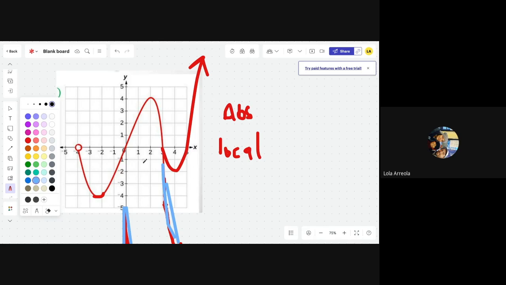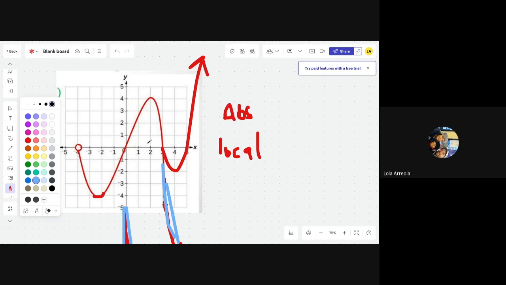So this is my absolute lowest point, and this would be my local lowest point. Again, when I look at max and min, I look at the y value. So my lowest point is at x equals -2, but the lowest point value is -4. The absolute min is at -4. The local min is at x equals 4, but the local min's value is -2.